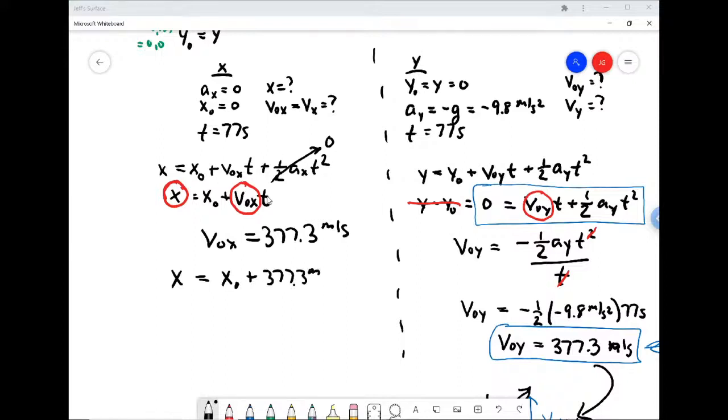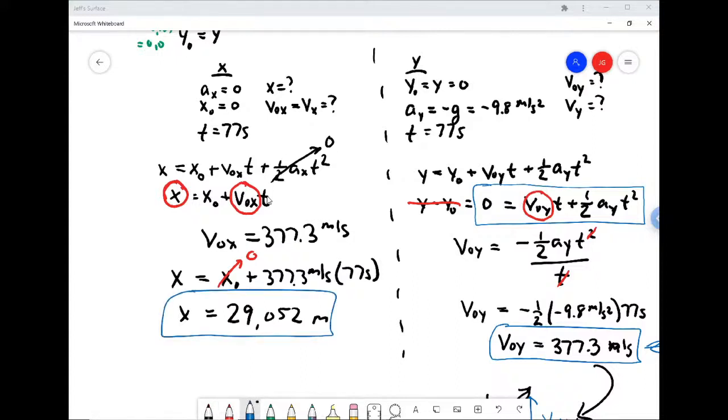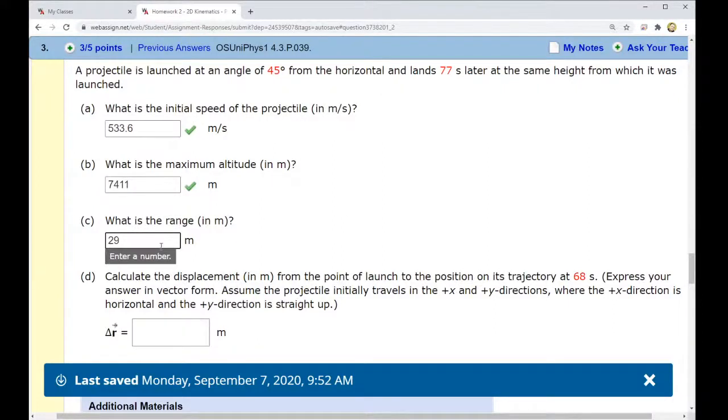So now we can use that to figure out how far it goes. And of course, we said the initial position is 0. So if something's traveling 377.3 meters per second in the horizontal direction for 77 seconds, it travels 29,052 meters. Okay, its horizontal range is 29 kilometers. So let's put that in and check our work.